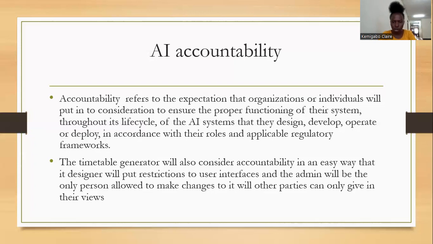So in case of accountability, we shall put restrictions that only the admins are supposed to change the timetable, and students will just get notifications to know what lecture is there at what time and in what lecture room. So that's how accountability is going to be. Only one person does the changes to the school timetable, not the students. The students just get notifications that something has happened. So that's all.